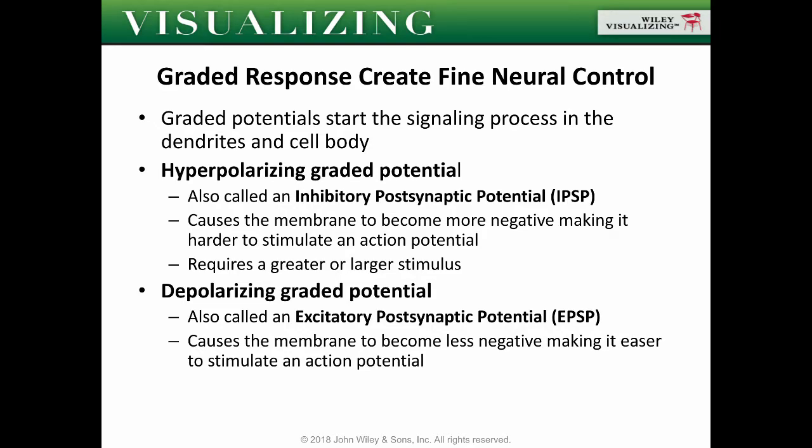So we have the hyperpolarizing graded potential. They are also called the inhibitory postsynaptic potential. It causes the membrane to become more negative, making it harder to stimulate the action potential. So that means you will require a greater or larger amount of stimulus. So this is more on activation of the actual neuron, not on the action potential side where the voltage-gated channels are involved. This is usually where your ligand-gated channels are involved.